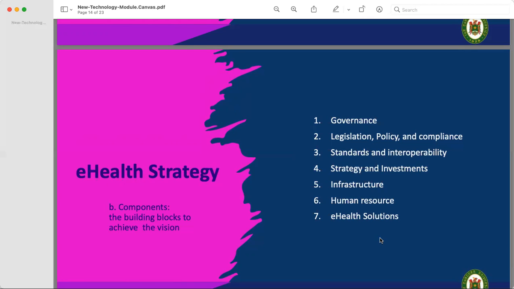Also, dynamic strategies, sound strategies, and investments must be made. Infrastructure is also very important for successful implementation.